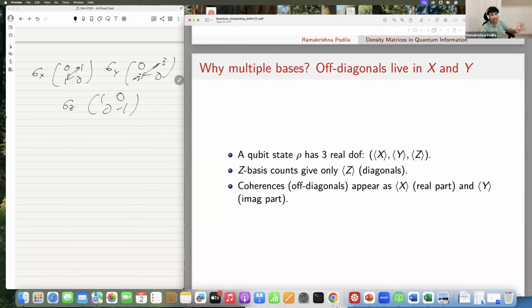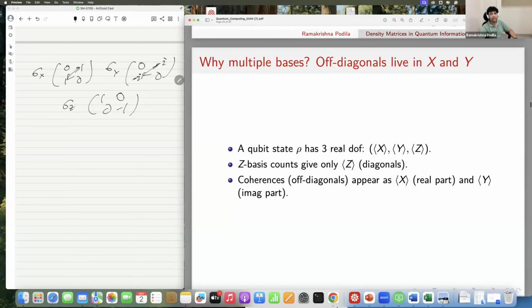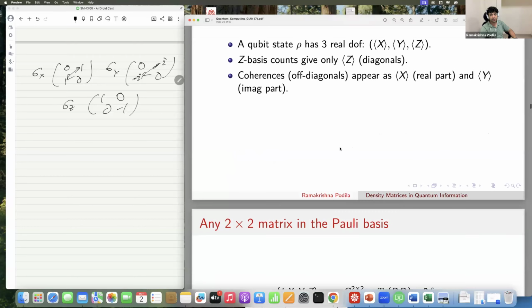The coherences, the relative phases, are in the off diagonals, which appear in X and Y, while the diagonal elements appear along the Z axis. That's why we want to consider all the bases, so that we can reconstruct the density matrix.